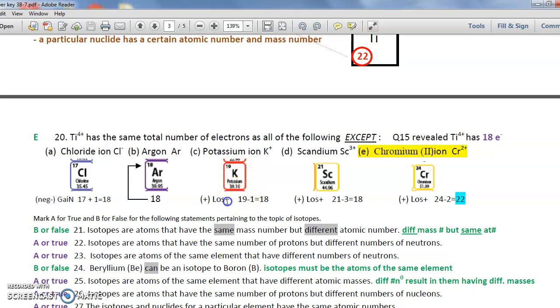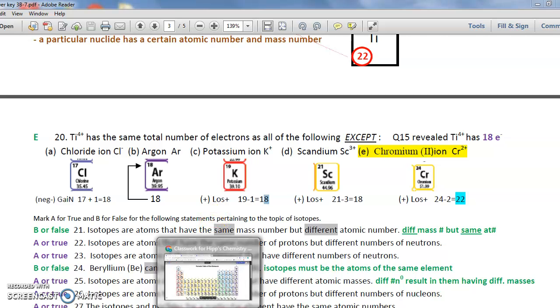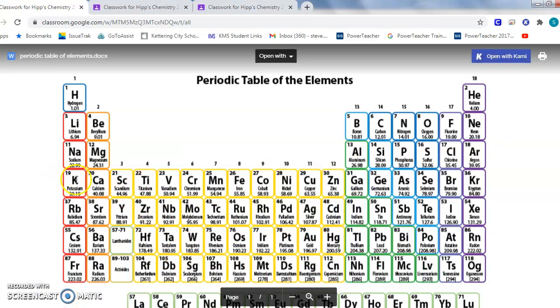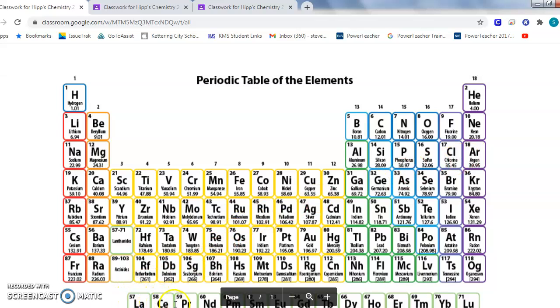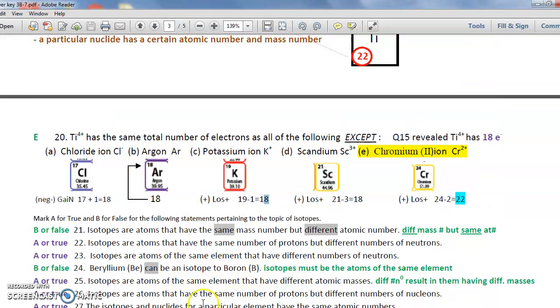So when you're positive, you've lost electrons. 19 minus 1 is 18. 18 is the same number as titanium. Would it make sense that potassium wants to lose 1 and become the potassium ion? If it starts with 19 and you lose 1, it has the same number of electrons as argon, which is chemically stable. Yes, potassium would certainly love to become +1.